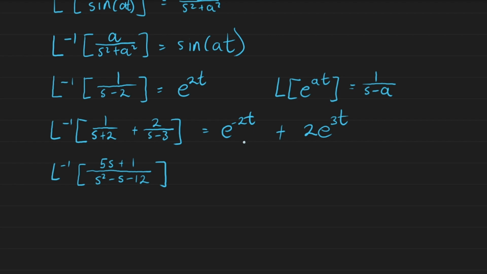So what we have to do is we have to split this function to be in terms of some kind of function with which we can actually take the inverse Laplace transform of, basically put it into some kind of standard form. So the way to do it when we have it of this type here is to use partial fractions.